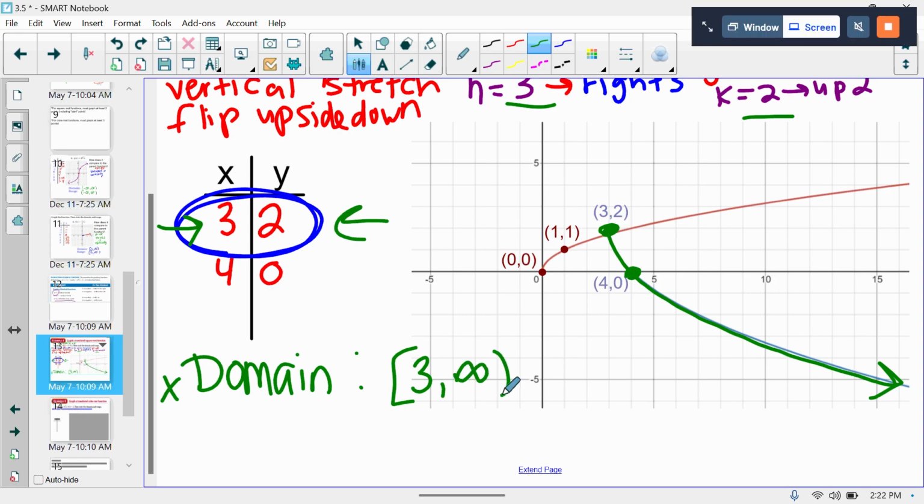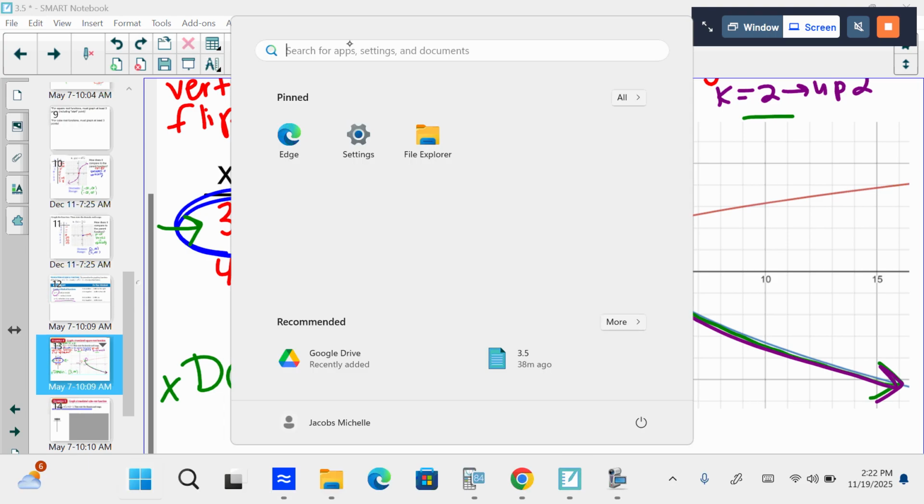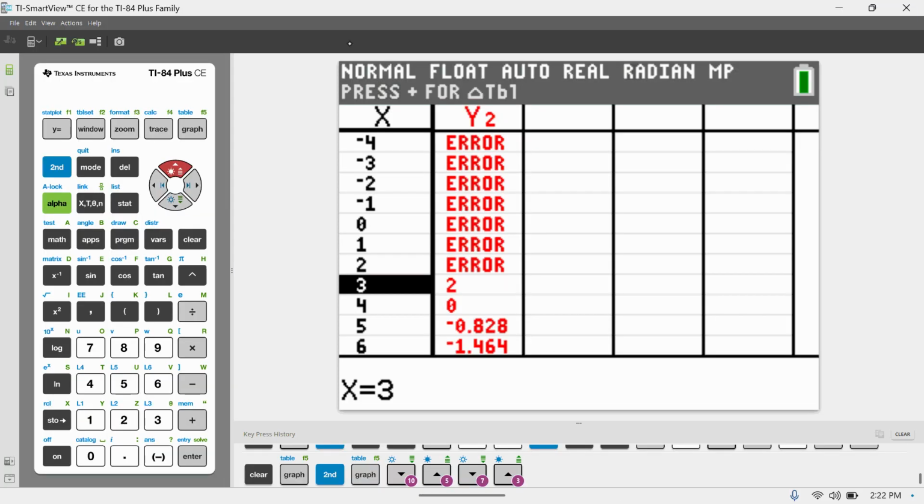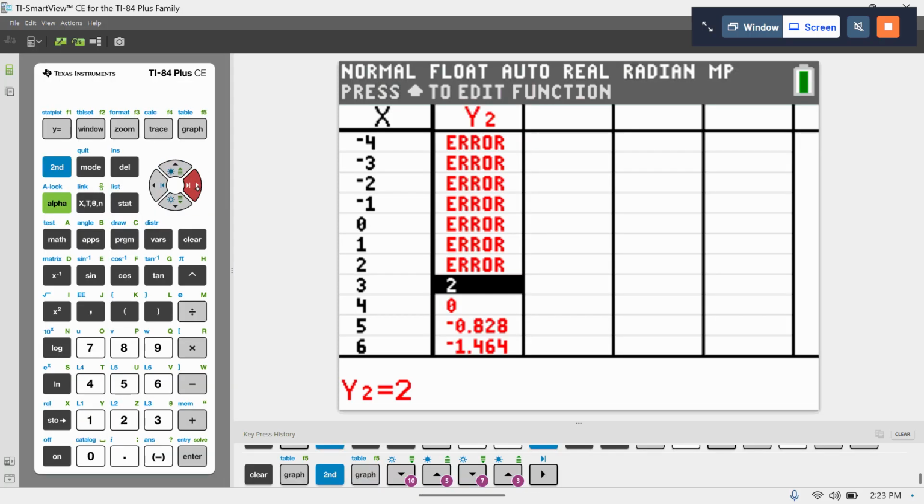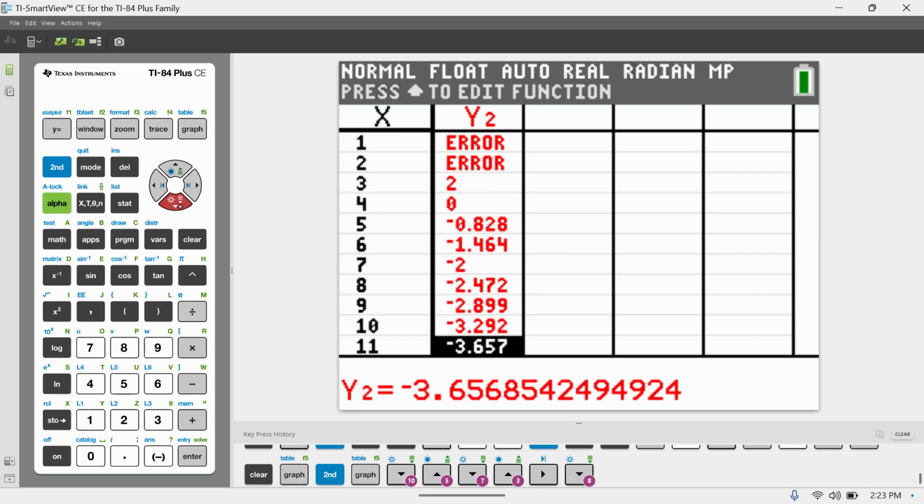Now, the range is going to be a little tricky because the graph is flipped this time. Remember, for the parent function, the range just goes from 0 to infinity. Well, this time, the highest y value we ever have on our graph is 2, but then it's going down because the graph is flipped, right? If you confirm it by looking at the table on your calculator, 2 is the highest y, and then it goes down toward negative infinity.